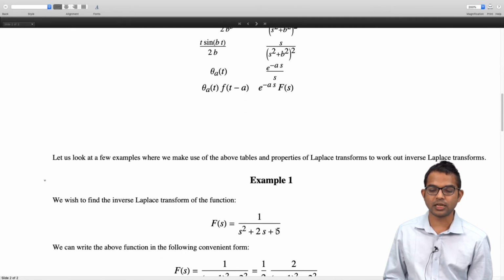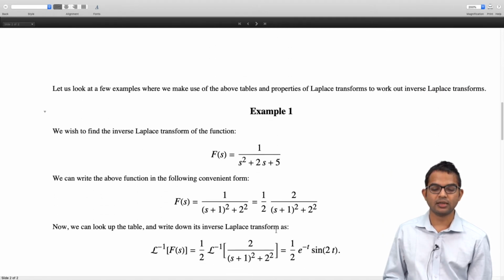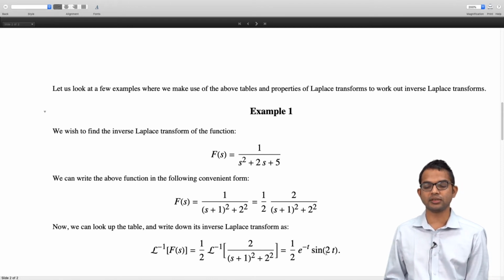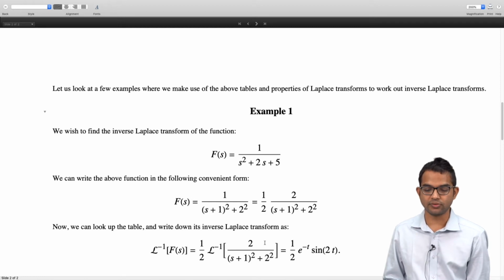Then we look up the table and we see that the inverse Laplace transform of this function is half, which we have pulled out, times the inverse Laplace transform of this function, which is nothing but e to the minus t times sine of 2t.